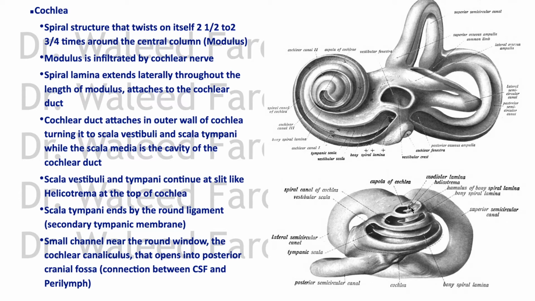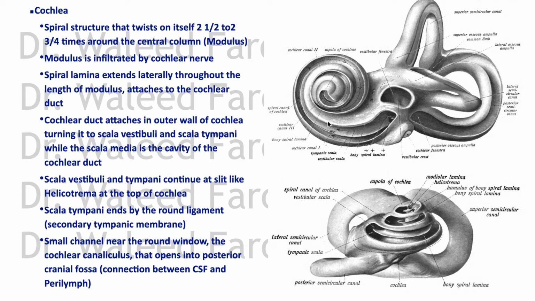And from this modiolus, a lateral spiral lamina, see that? Lateral edge spiral lamina goes through all the turns of the cochlea, and to this spiral lamina will be attached the membranous labyrinth of the cochlea, which is the cochlear duct.